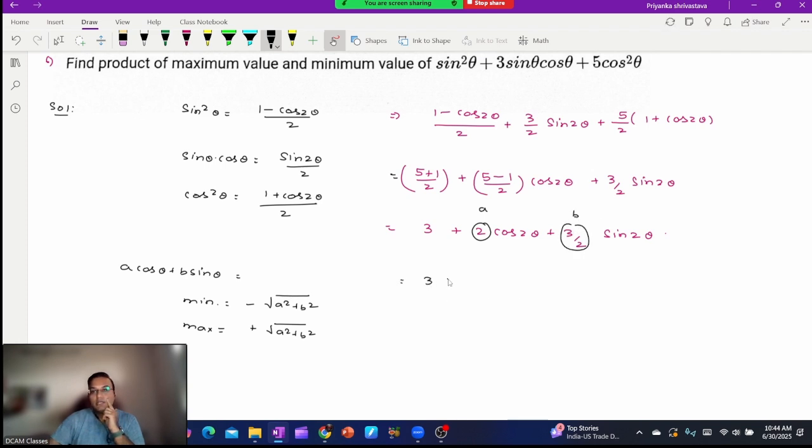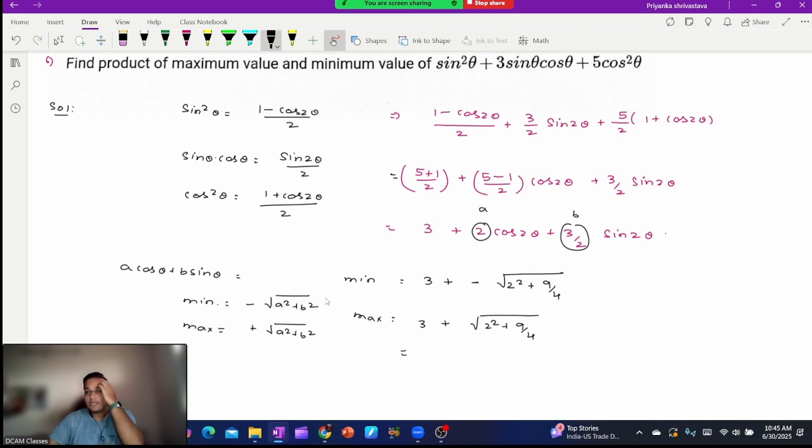So it will become 3 plus its max value, 3 plus its minimum value. This expression's minimum value is 3 minus root over 2 square plus 9 by 4, and its maximum value will be 3 plus root over 2 square plus 9 by 4.